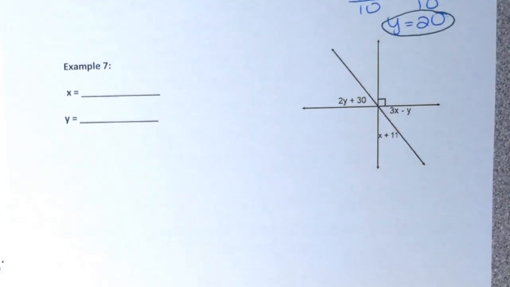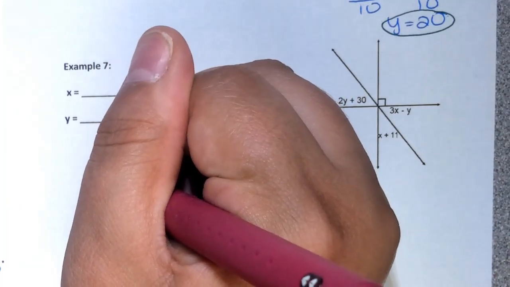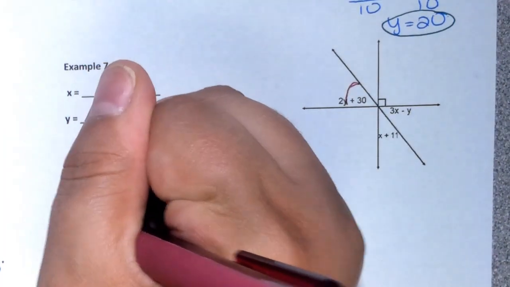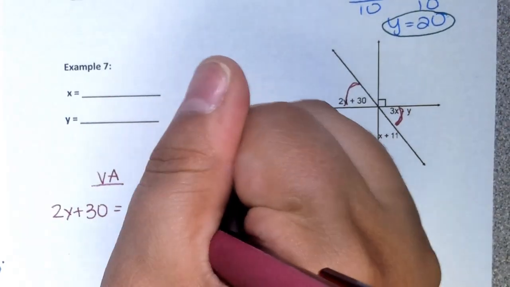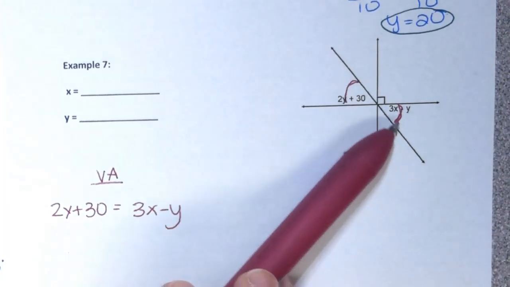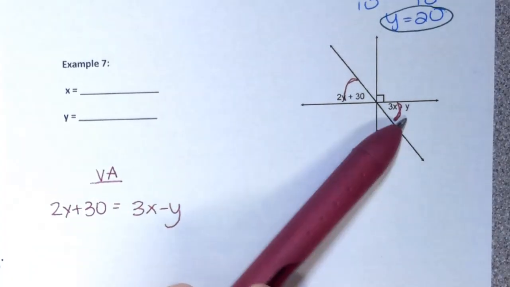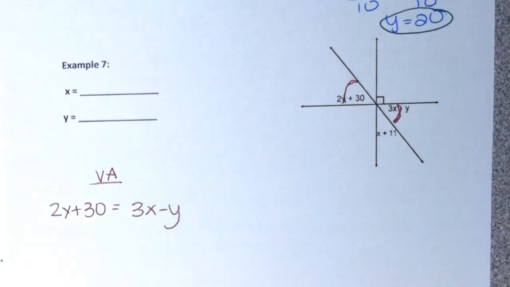Okay, next question. Right here. What's my vertical angles here? 2y plus 30 equals 3x minus y. Those are vertical angles. 2x plus 30 equals 3x minus y. Bella, write that down.